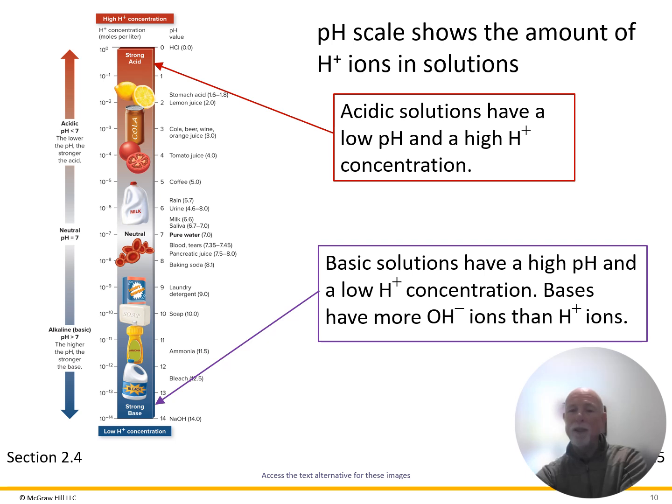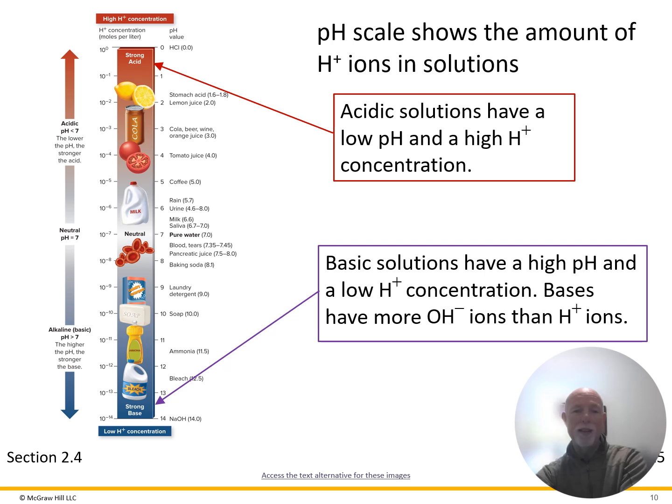So we'll call it a hydroxide ion, slightly negative because it's gotten rid of or kicked out the hydrogen proton and kept its electron. Solutions that have high concentrations of these hydroxide ions are strong bases. And the more hydroxide ions they have, the stronger the base.